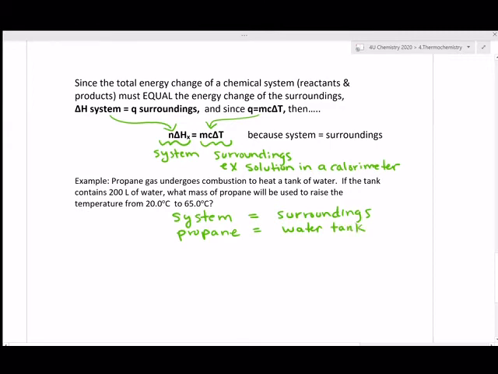Okay, so now let's plug in our little formula here. And I'm going to put combustion, and propane is C3H8, which all of you guys know from organic chemistry, MC delta T. Okay.